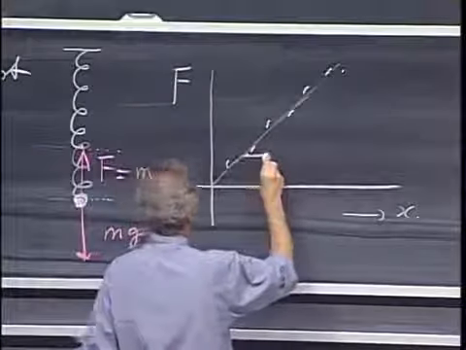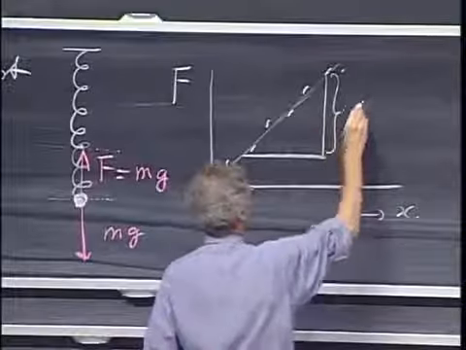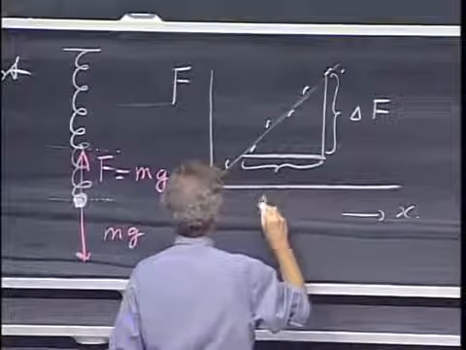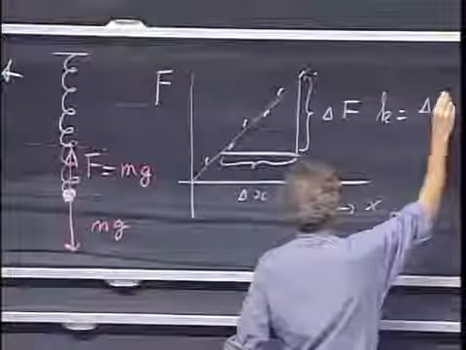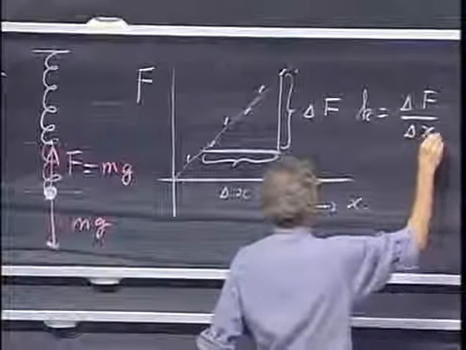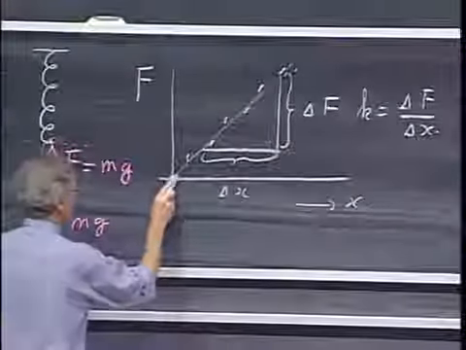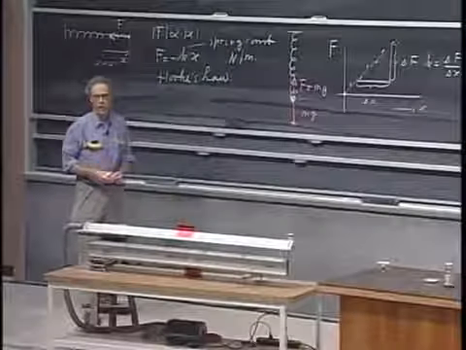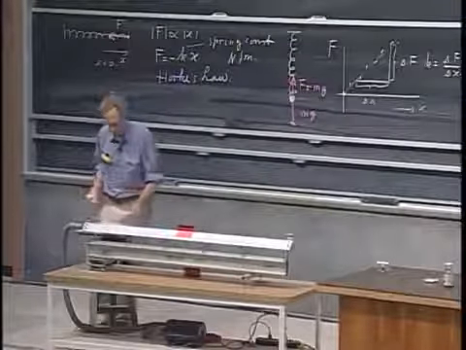And the spring constant follows then, if you call this delta F and you call this delta x, then the spring constant k is delta F divided by delta x. So you can even measure it. You don't have to start necessarily at the point where the spring is relaxed. You could already start when the spring is under tension. That is not a problem.